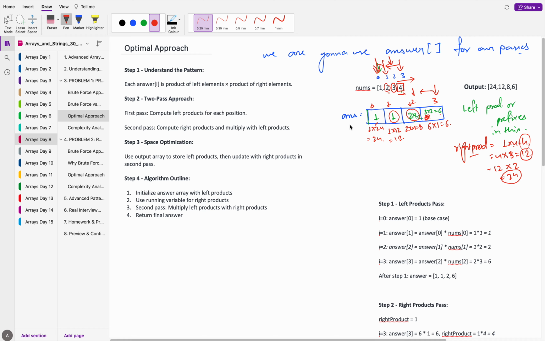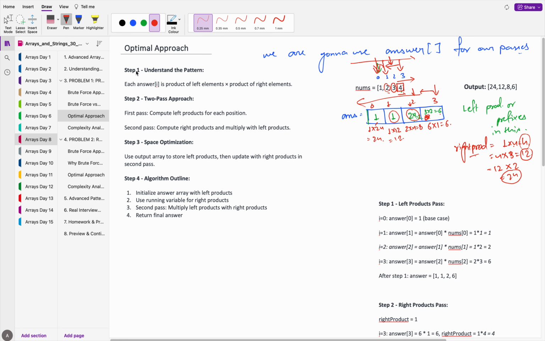This way, in the answer array itself, without using any extra space, we have been able to calculate both left and right products for any particular item in two passes. First pass was left to right, second pass is right to left using one more extra variable.